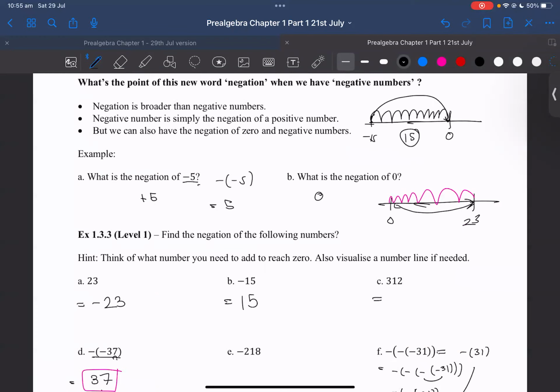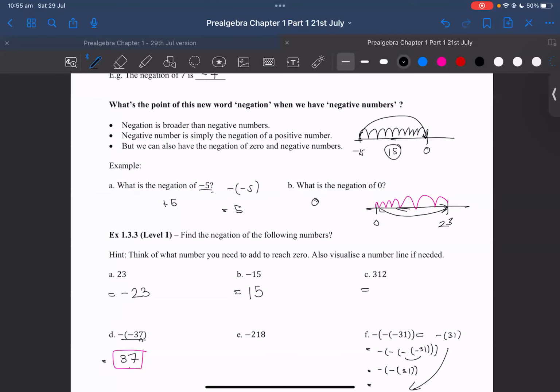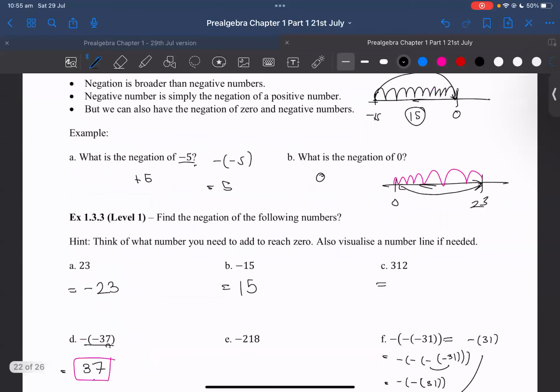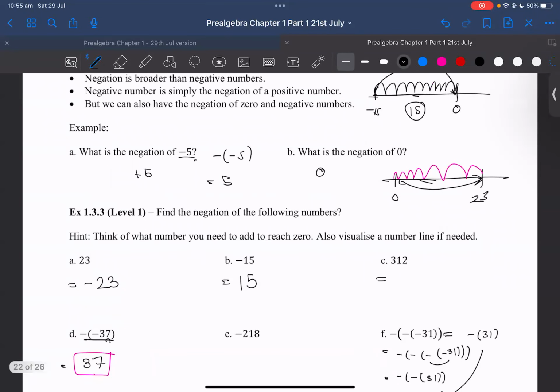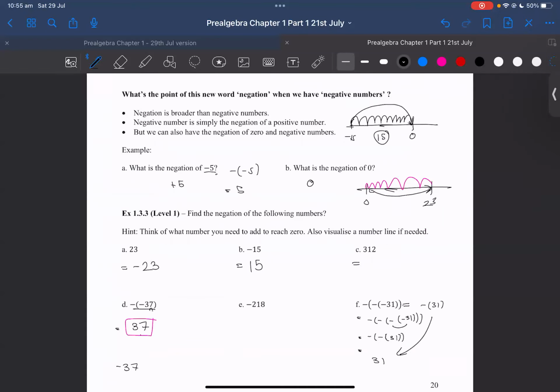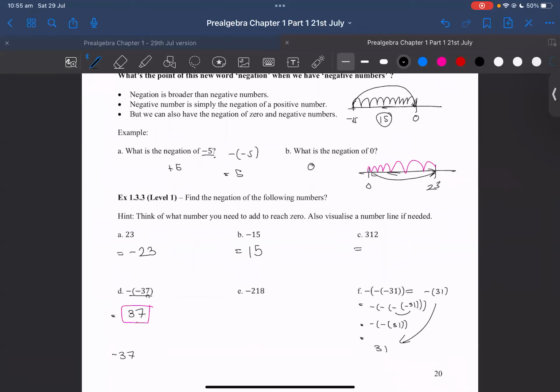Just like a rule, the negation of a positive number is negative, the negation of a negative number is positive. What's the opposite of 312?